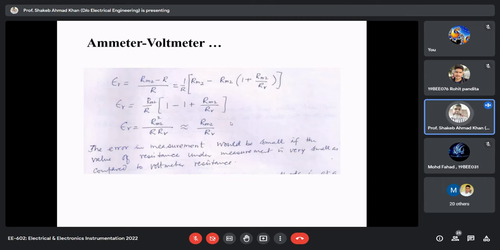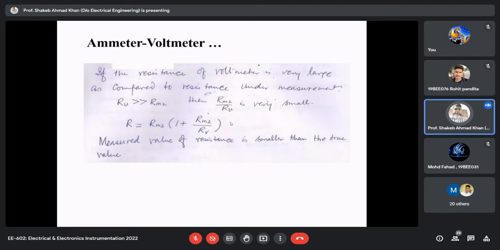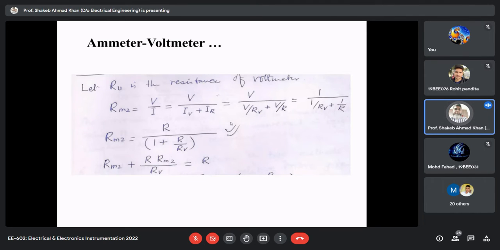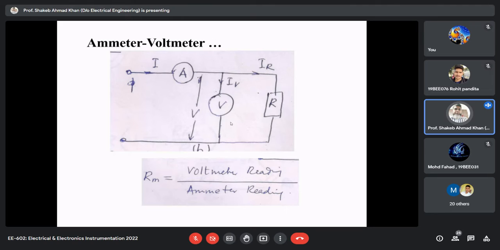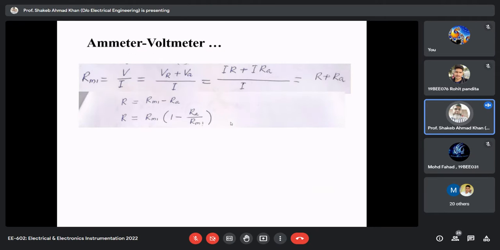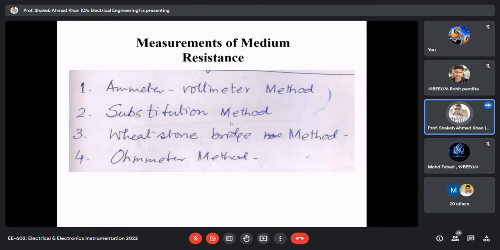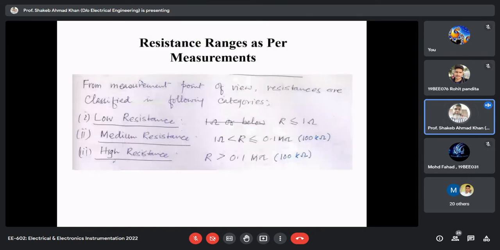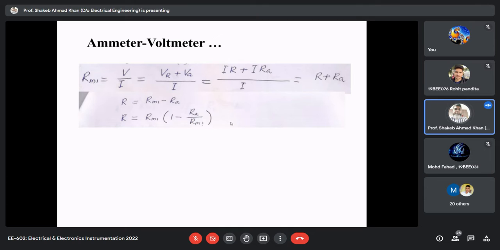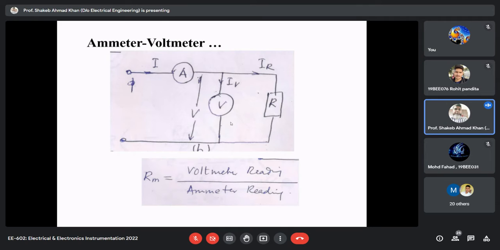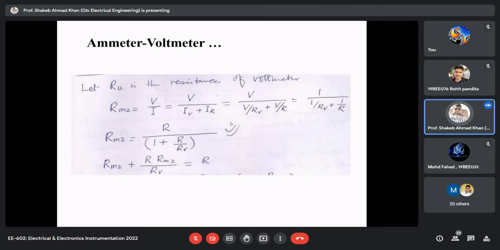Now, on the last turn, if anybody has any query regarding these things which I tried to summarize, and we had already discussed on the last turn, I recapitulated everything that we discussed. So if you have any query regarding whatever I summarized today and discussed on the last turn, you can ask please.